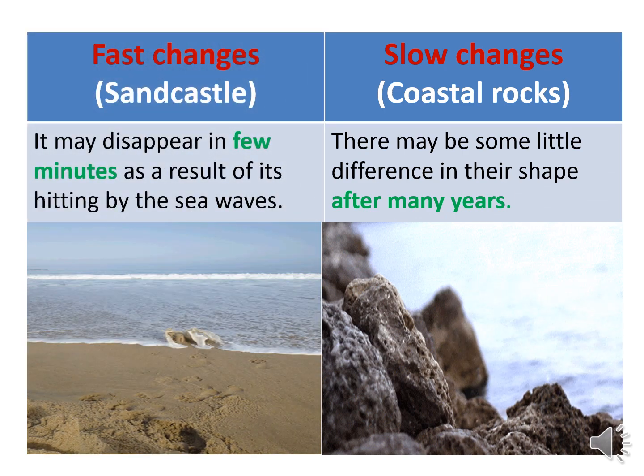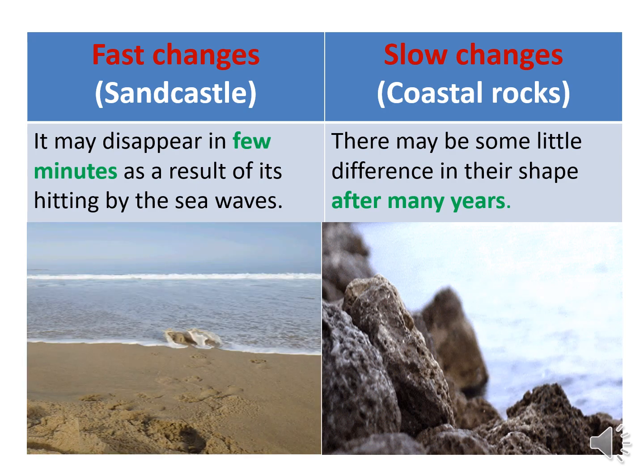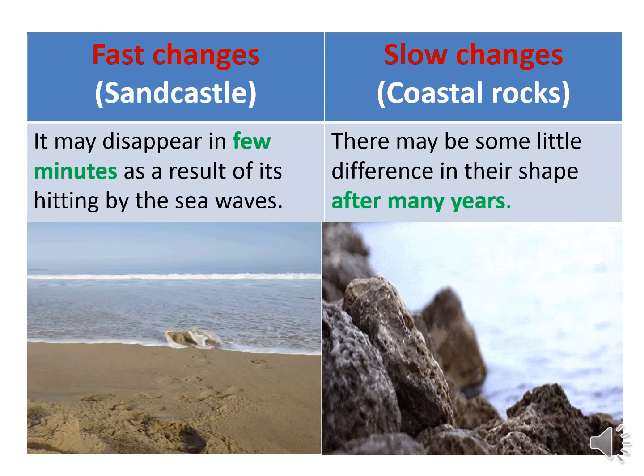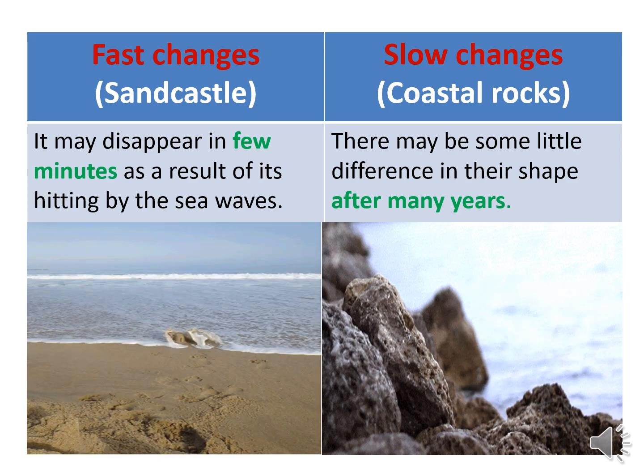So we can say that everything is changing around us. And we have two types of changes: fast changes and slow changes. Imagine that you are sitting on the beach and you are playing with the sand. What will happen if you made a sand castle and then water waves came on it?